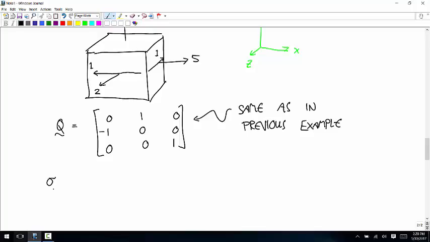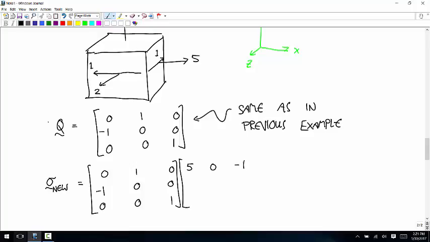So the stress tensor in the new coordinate system is [0, 1, 0; -1, 0, 0; 0, 0, 1], times our original matrix in the old coordinate system, [5, 0, -1; 0, 10, 0; -1, 0, 2], times Q transpose.